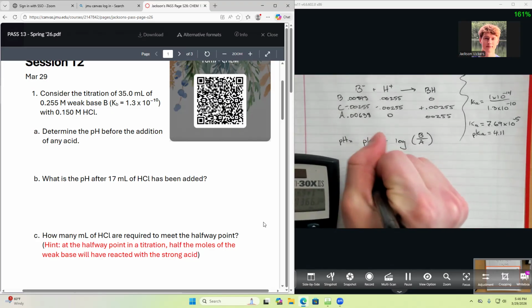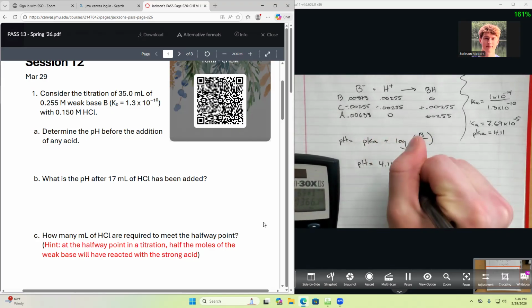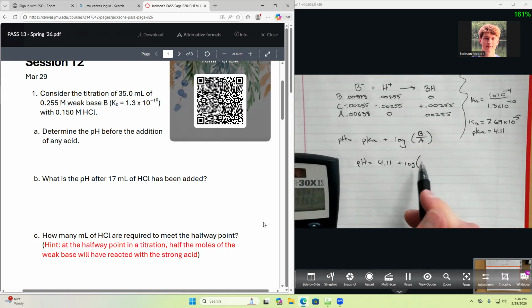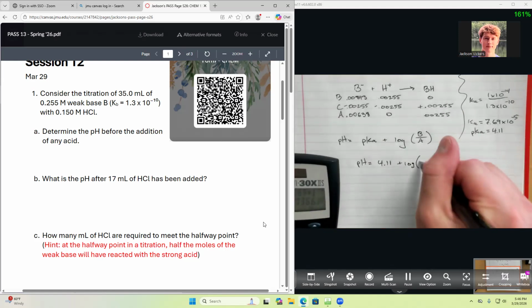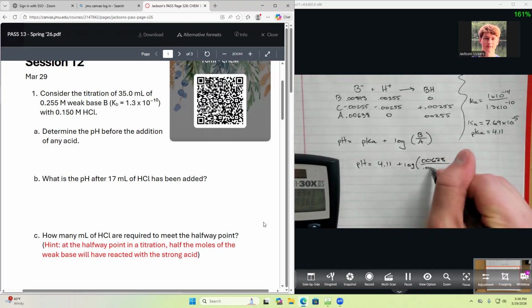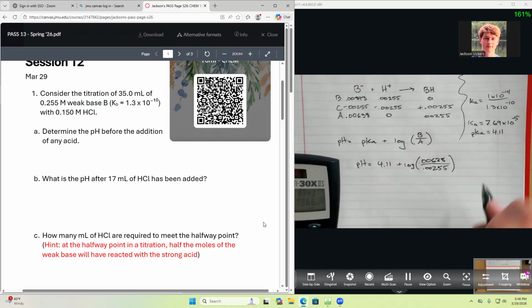So the pH is equal to 4.11 plus the log of, always the base in the numerator. So that's going to be the B minus, 0.00638 over 0.00255.